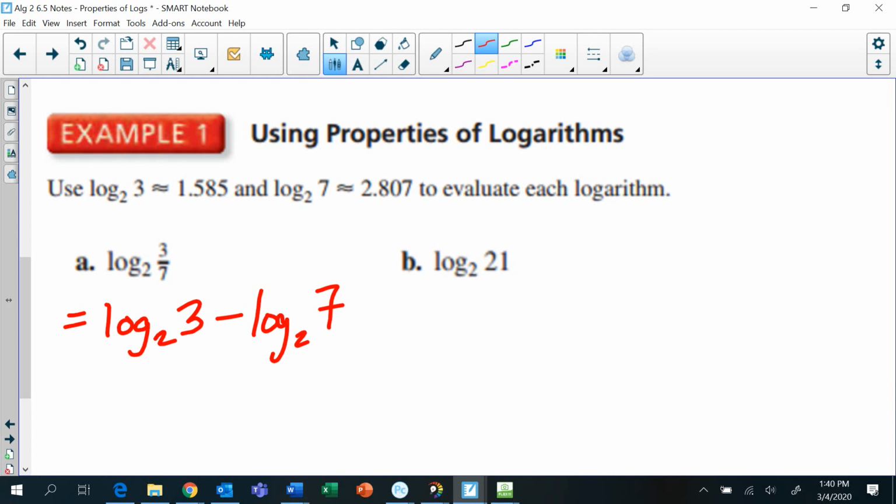So those are equivalent expressions. When we pretend the logs are like the 7x minus 3x from chapter 5, we just do it like that, so it'll be equal to log base 2 to the -4.